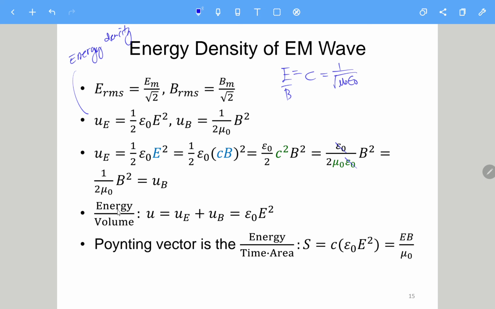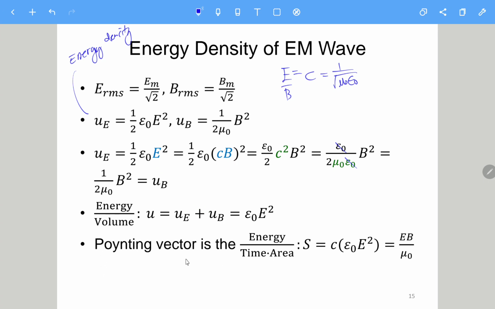So it is energy per volume. u, the total energy density stored in the EM wave, should be u_E plus u_B. So they add together and then become 2 times of it, because this one and this one are actually the same. So we have epsilon naught times E squared.